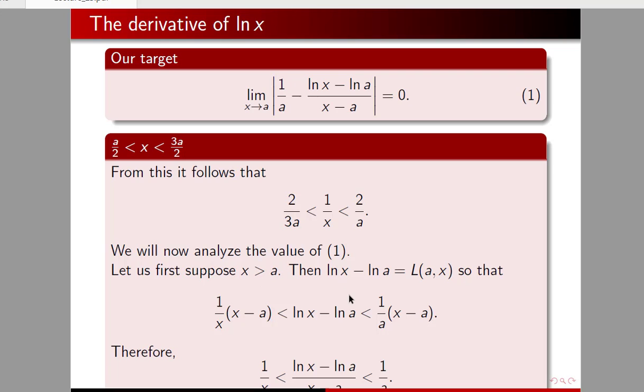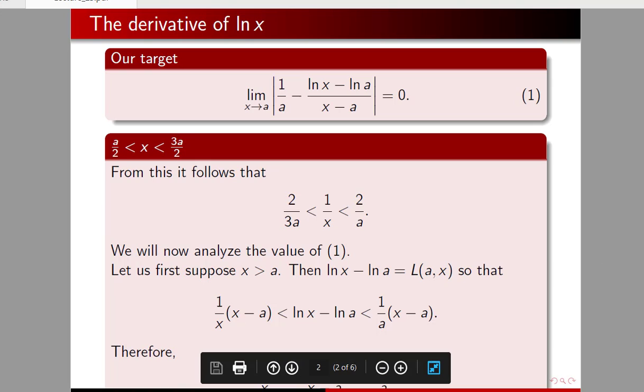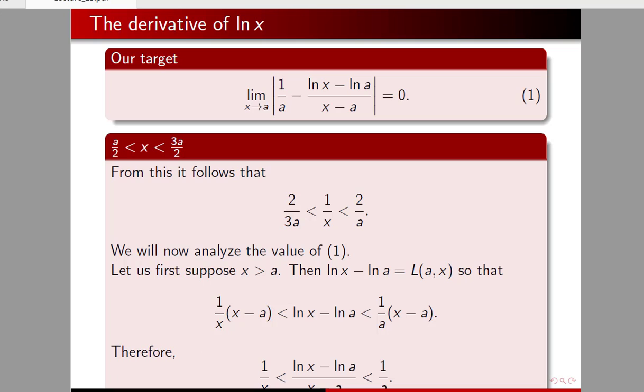For values of x greater than a, I see that the natural log of x minus the natural log of a is equal to L of a x, the area under the curve. By using our formulas regarding area under the curve, I get that L of ax is between 1 over x times x minus a and 1 over a times x minus a.